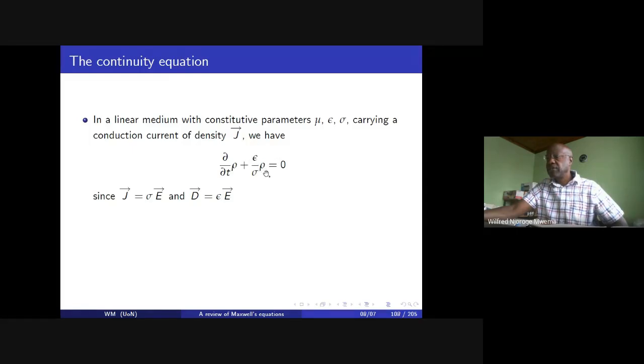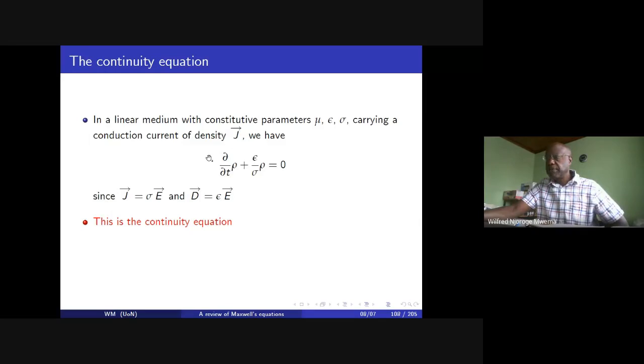So we see that the time derivative of rho plus sigma divided by epsilon multiplied by rho is equal to 0, where J is equal to sigma E and D is equal to epsilon E.